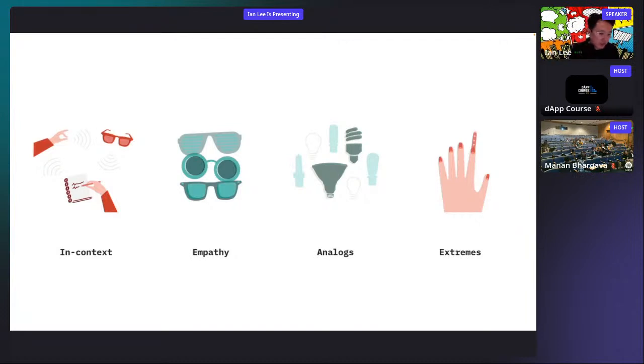So Web3, I mean you can do that pretty easily with fintech, but there may be things outside of finance where you could draw inspiration. And the last one that I really love is extremes. So a lot of founders and startups try and build for the biggest market because that's the logical thing to do.